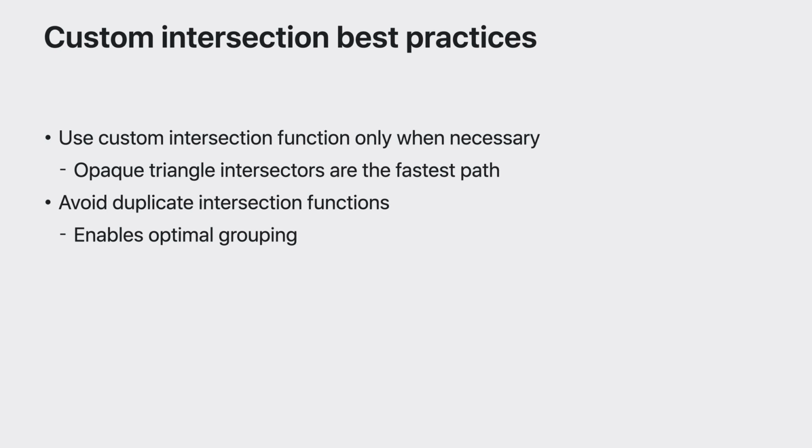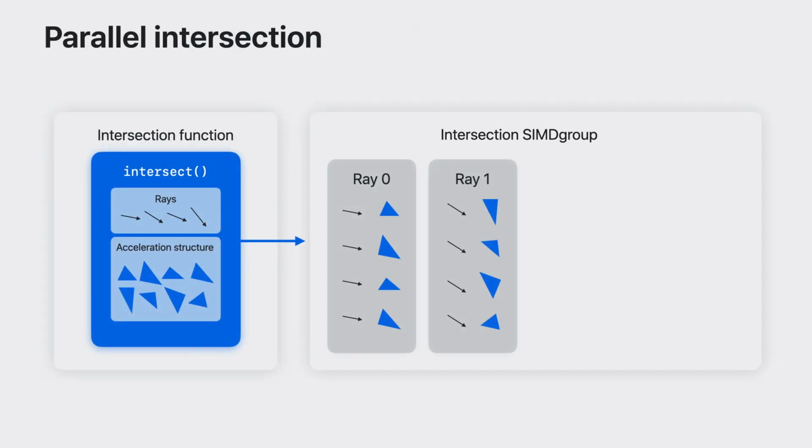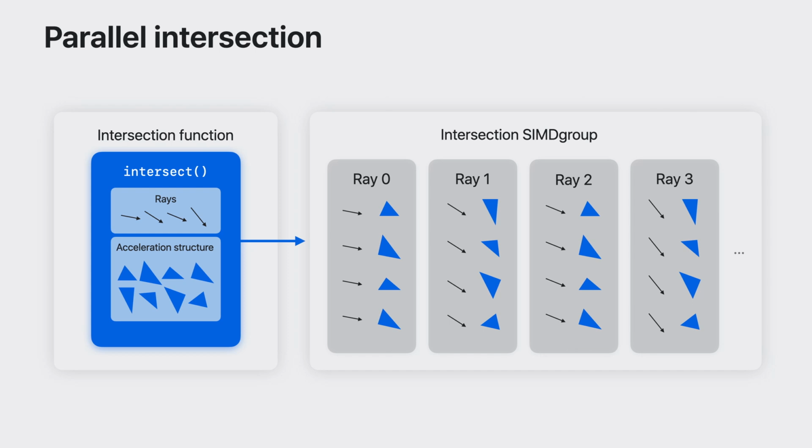So, avoid duplicate intersection functions to help in grouping optimally. And take advantage of the Metal intersection function table indexing mechanism to create simple tables with one entry per function. To run the intersection test, the hardware intersector creates SIMD group for multiple rays, and then each ray is tested against multiple primitives in parallel.